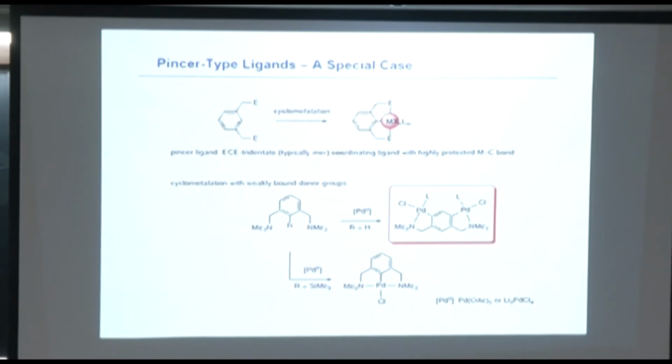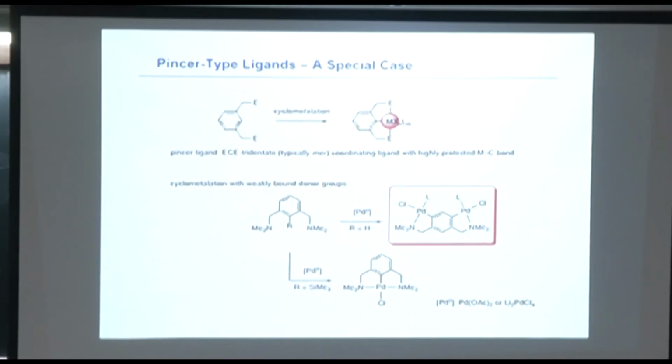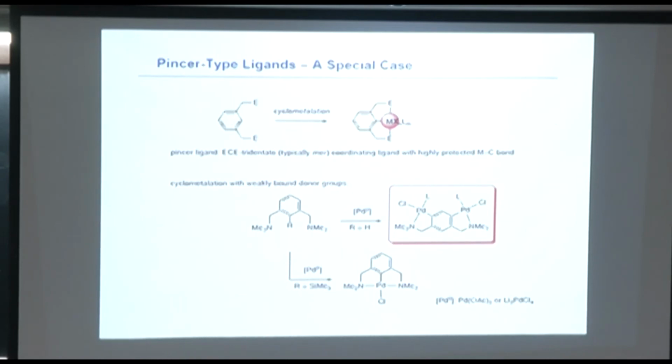Only if you activate the carbon bond, like in a carbon-silicon bond, the silicon is an activator, like from the coupling. You actually use the silicon as a cleavage agent. Then you can direct the metallation to that side.